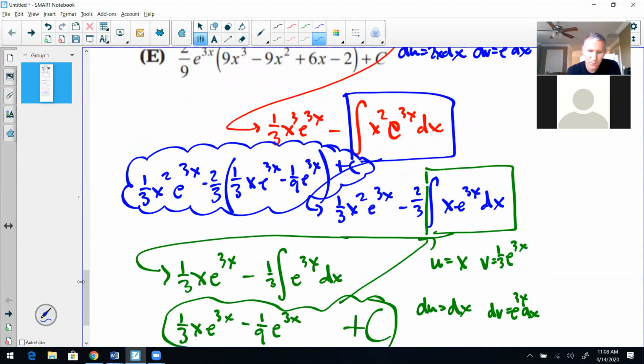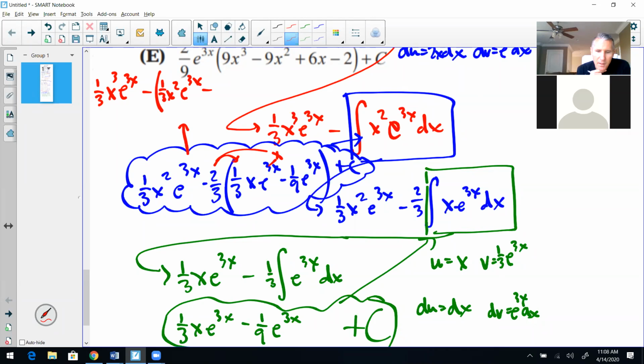Oh, no, sorry, that goes right there. So in red, I would have that it's going to be 1/3 x cubed e to the 3x minus, and then this whole thing, which is going to be quantity, 1/3 x squared e to the 3x minus, do we distribute through here?